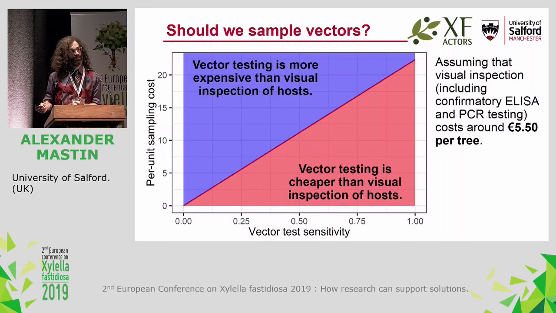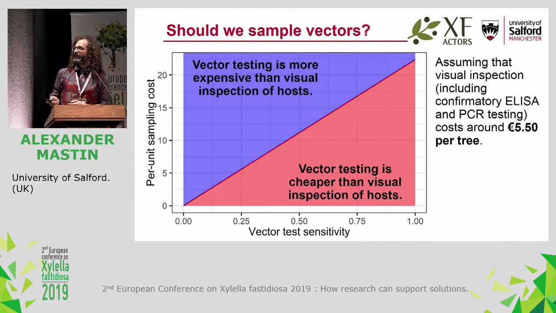Of course, tests aren't the same, so I've looked quickly at the impact of varying the sensitivity of your vector test, assuming that our host test is broadly known. So assuming that it costs about €550 per tree to conduct visual inspection and confirmatory ELISA and PCR, at what ranges of host diagnostic performance would it be better to use vector testing than host testing?